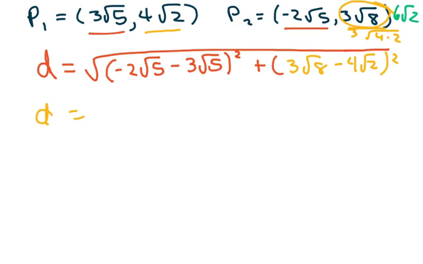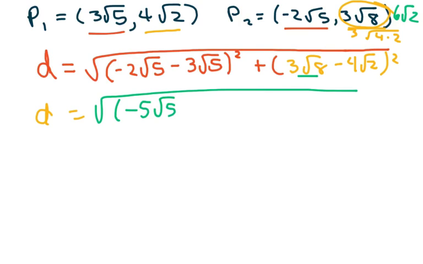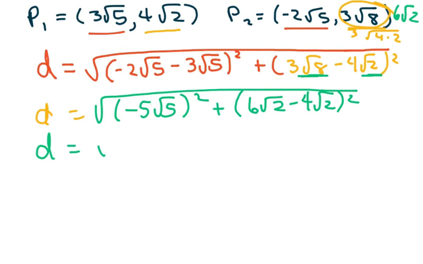So when I rewrite this, here we have negative 5 root 5 squared plus, and this is now going to be 6 root 2 minus 4 root 2 squared. These two quantities have to be the same. It's like terms. Now I'm going to fix this up again.